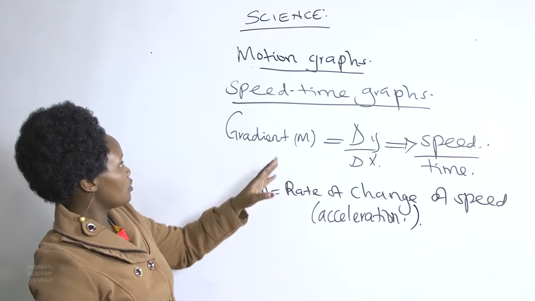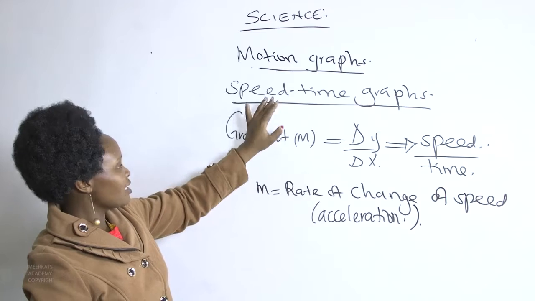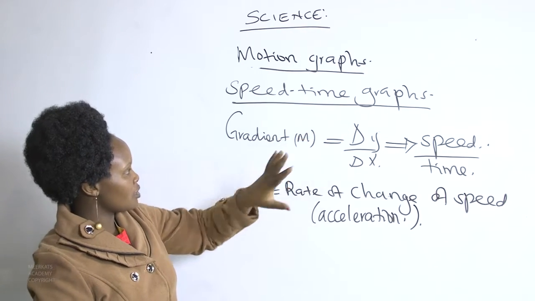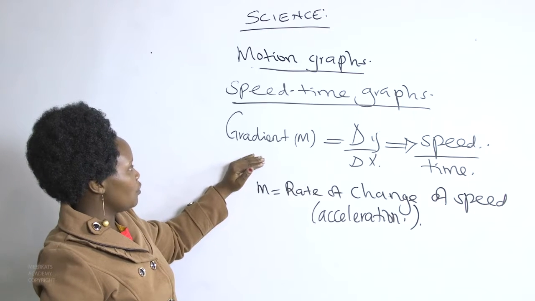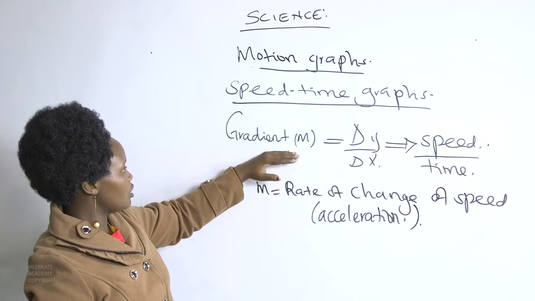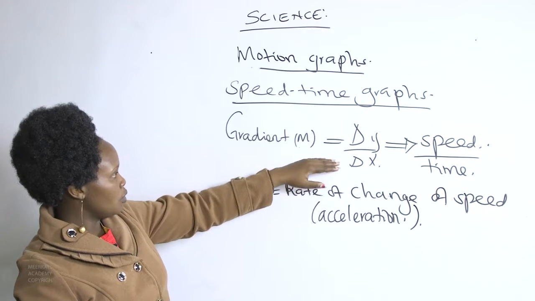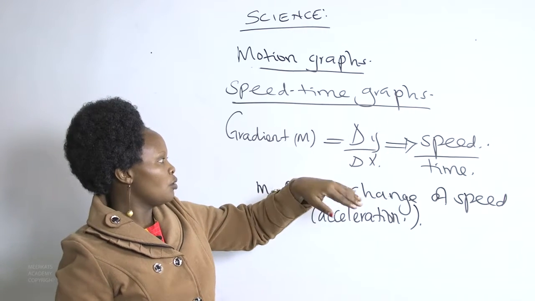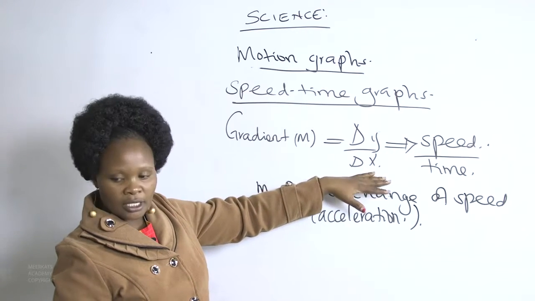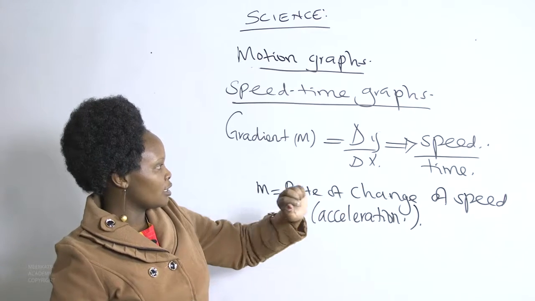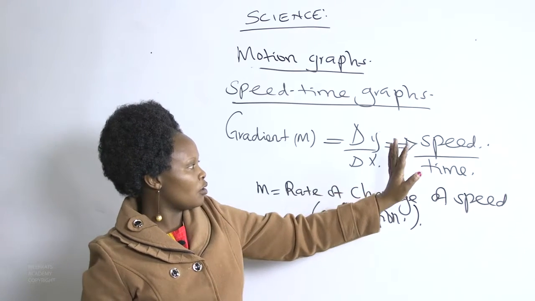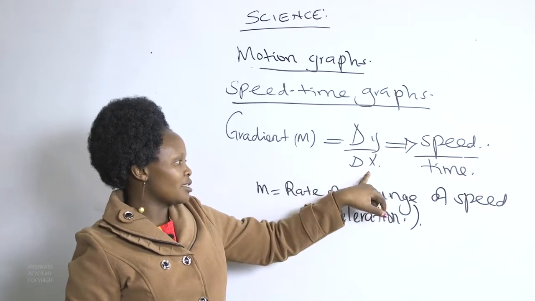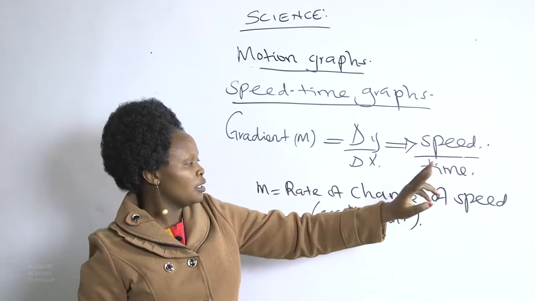That if we look at speed time graphs, it's a plot of speed against time on the x-axis. Therefore, if we want to obtain the gradient of these graphs, we will consider the change in y over the change in x, and bearing in mind that on the y-axis we have plotted speed, on the x-axis we have time.